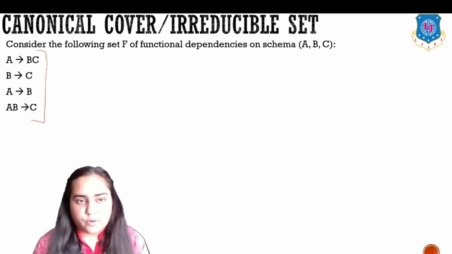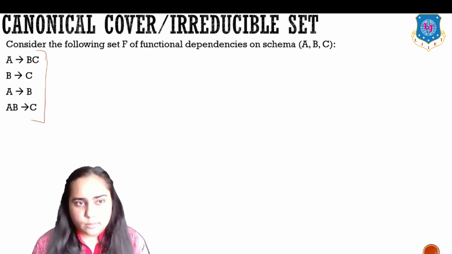And now from these 4, we are going to try to reduce them because there are dependencies which are kind of duplicate ones, which you do not need, which you can derive from the existing dependencies. So we can remove those and reduce the set so that our normalization process, which you're going to study later, will become much more efficient.